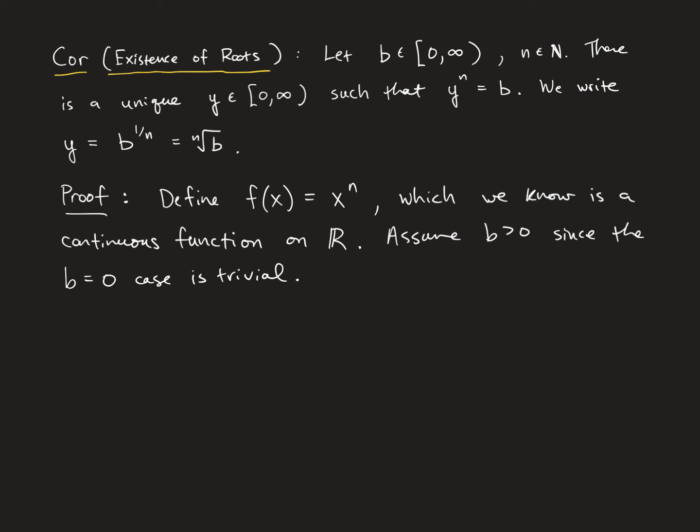Okay, so what we want to do basically is take this b and trap it between two values of the f function, right? This nth power function. So what we can do is take f of 0, right? f of 0 equals 0. That's less than b if we consider b greater than 0. And then we just have to find f of something which is bigger than this b, right? So we just have to find this mystery thing.